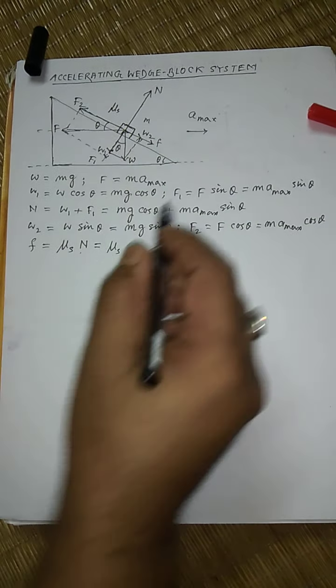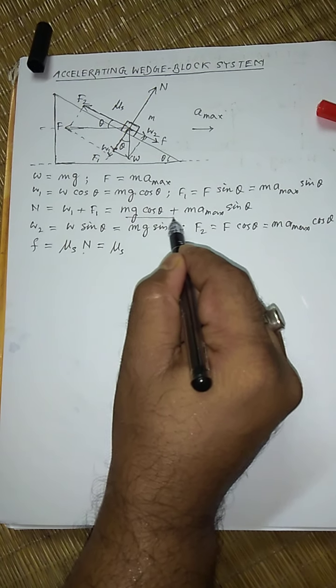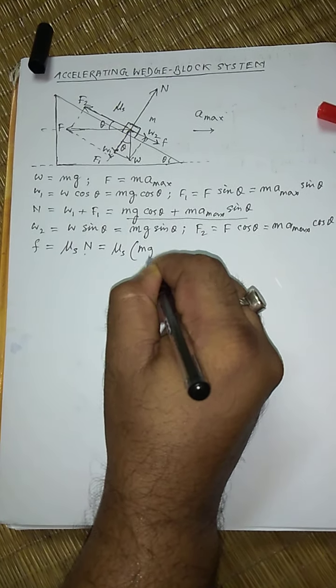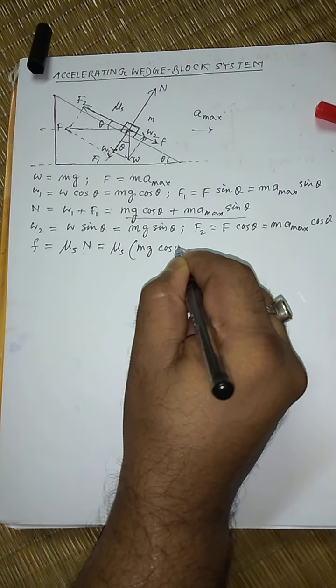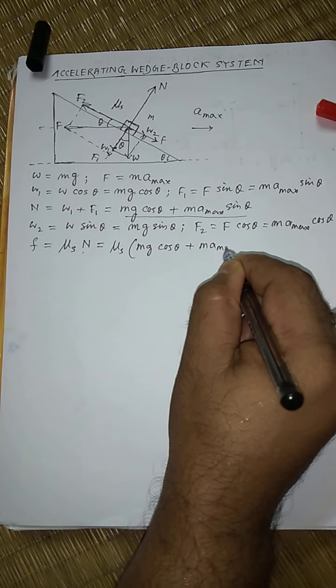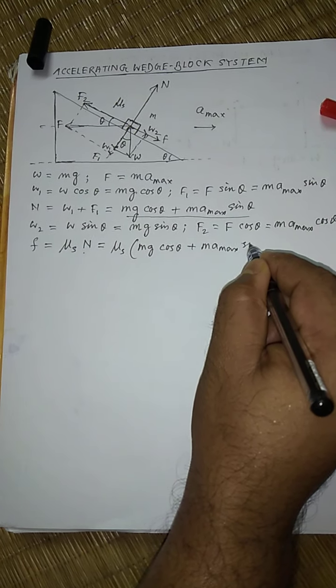In place of N, we write this expression: mg cos theta plus m A max sin theta.